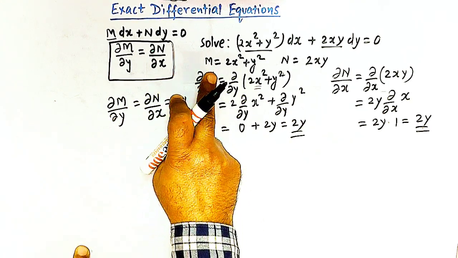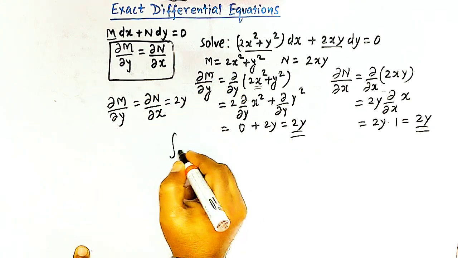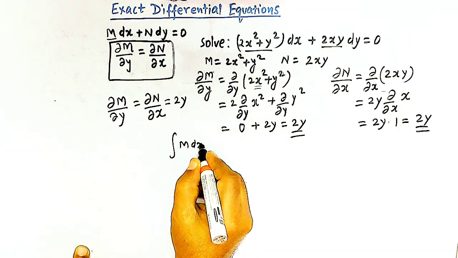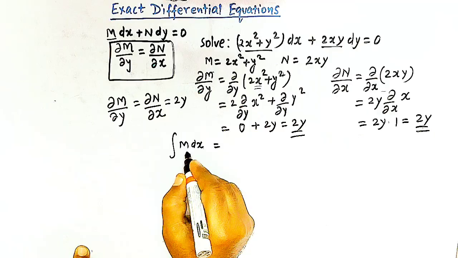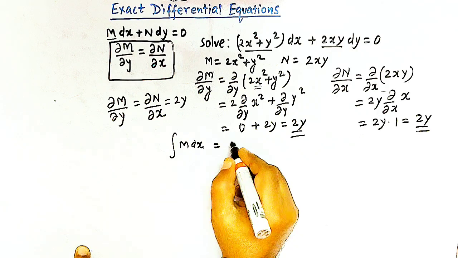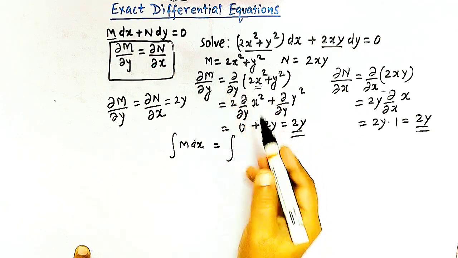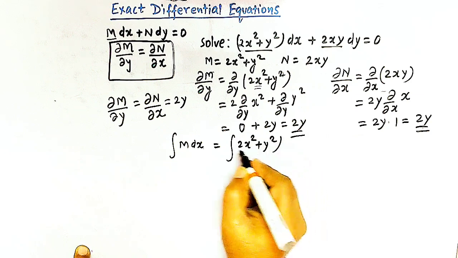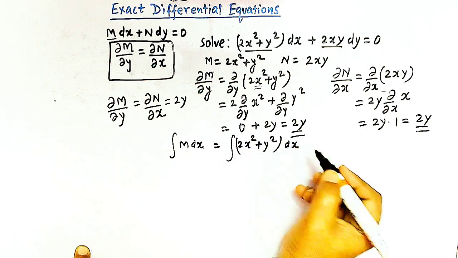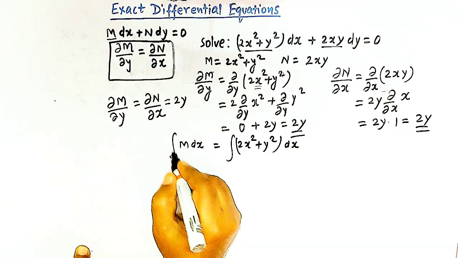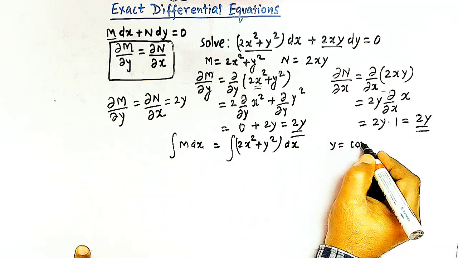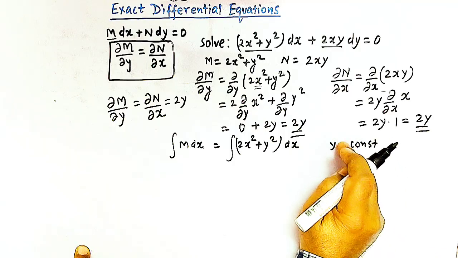So now the first step is to integrate m with respect to x, and here we'll take y as a constant, right? So we have m as 2x square plus y square, and here we have dx, and when we find the integral m dx, then we take y as a constant, right?